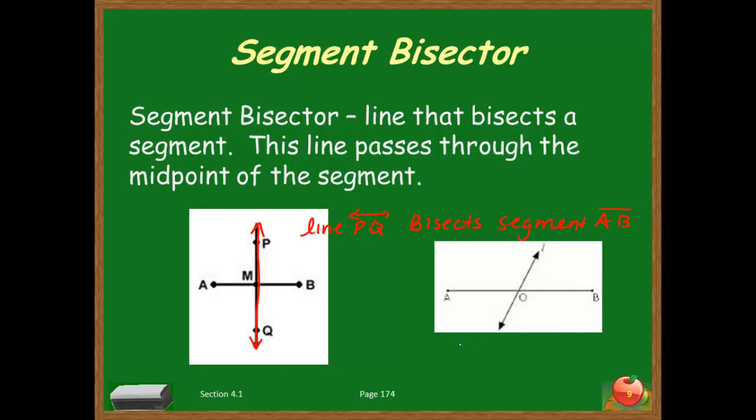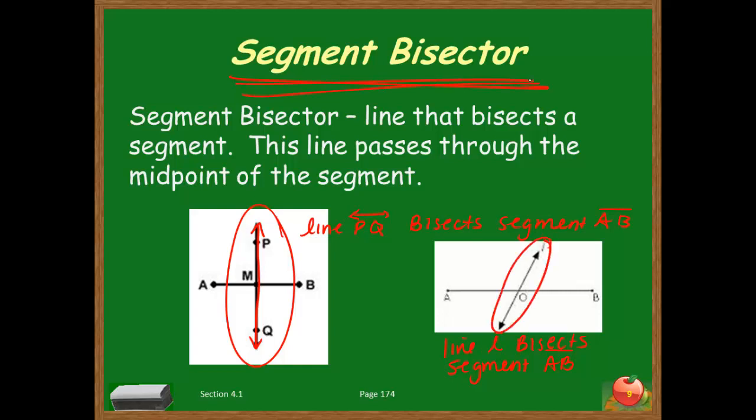In this picture, line L bisects segment AB. That makes the line the segment bisector.